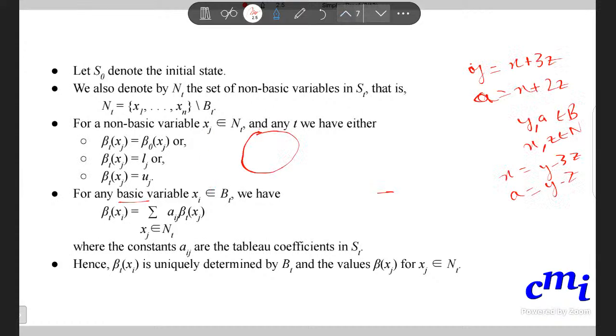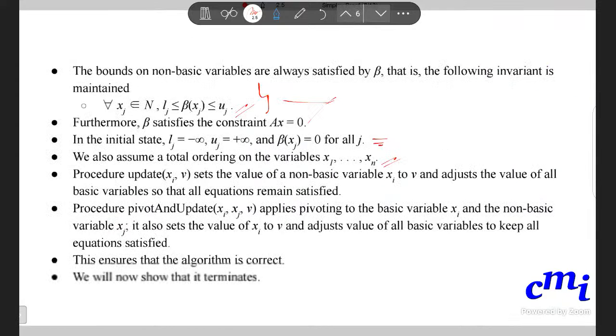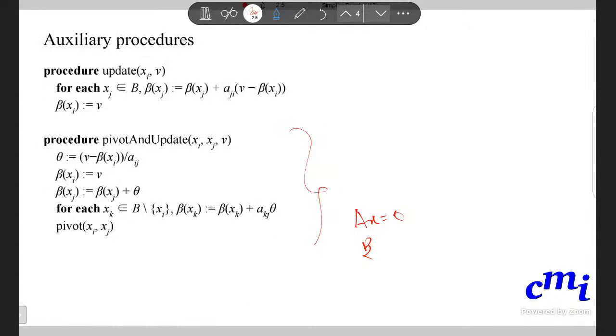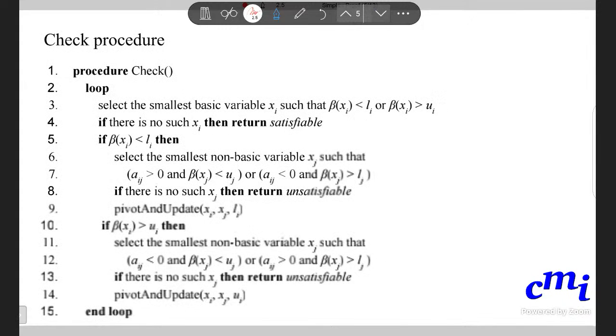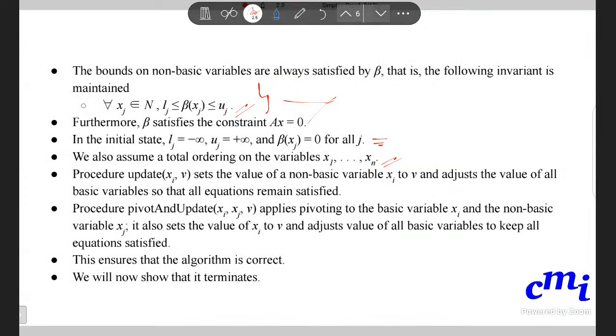The way we update, if we go back to the algorithm, we pivot and update: if the basic variable is less than its lower bound, we increase it to be equal to its lower bound. If it is greater than its upper bound, we decrease it to be equal to its upper bound. So that is why this invariant is satisfied.